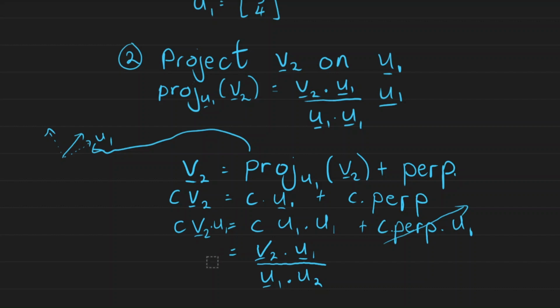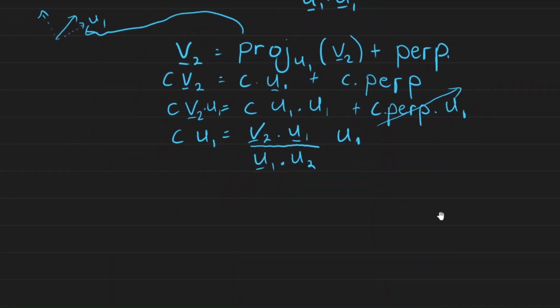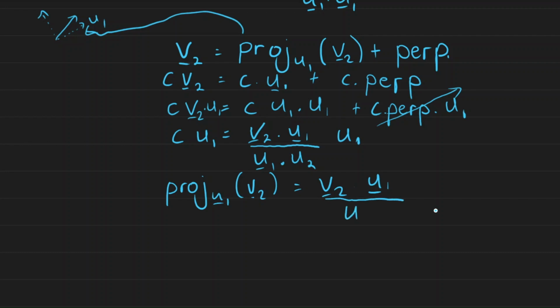So if we just multiply both sides of this equation by u1, c u1 is the projection of v2 on u1, and this is how we get this relation: v2 dot u1 divided by the dot product of u1 with itself, times u1.